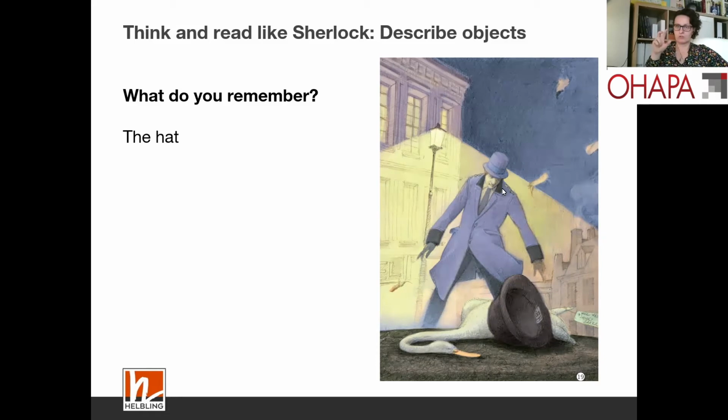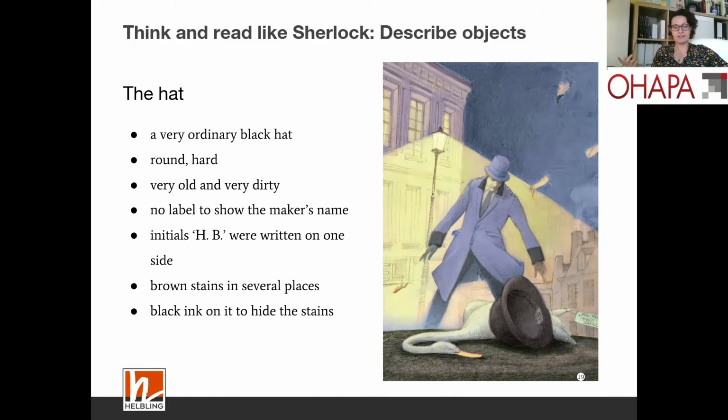So such an activity works in two ways. It's good for description skills and it's good for narrative skills. So I have collected: this hat is a very ordinary black hat, round and hard, very old and very dirty, and so on. So there will be some new vocabulary probably, like initials or stains, that might be new for pre-intermediate level or elementary level students.